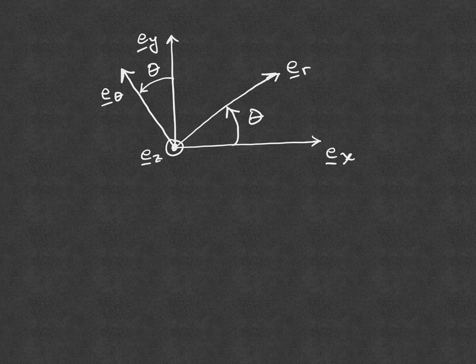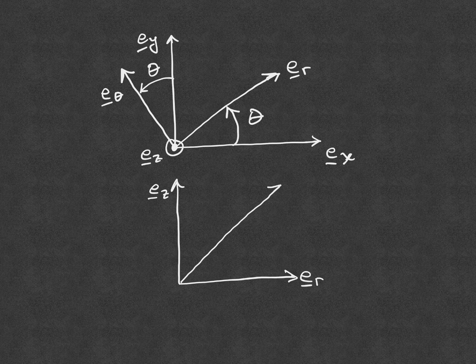Now, if you look at the slice through the EZ-ER plane, so this is another picture that will help explain what's going on, here's EZ and here's ER. Now, the position of P relative to O, which is that vector right there.